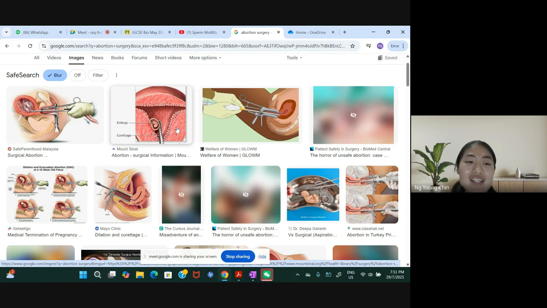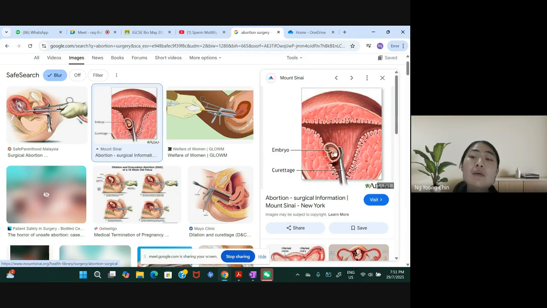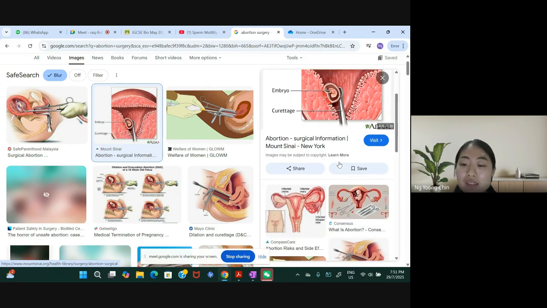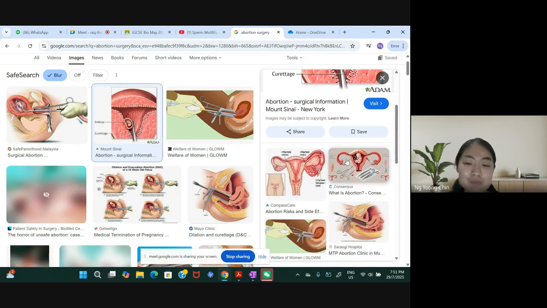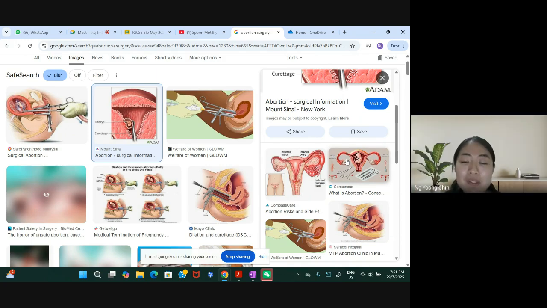But after they become embryo, it's not good to abort them already, because the embryo maybe already has a sense, you know, it's actually a living thing. So it's not good to abort them. But if it's just a cell, right? Cell just without the sense.